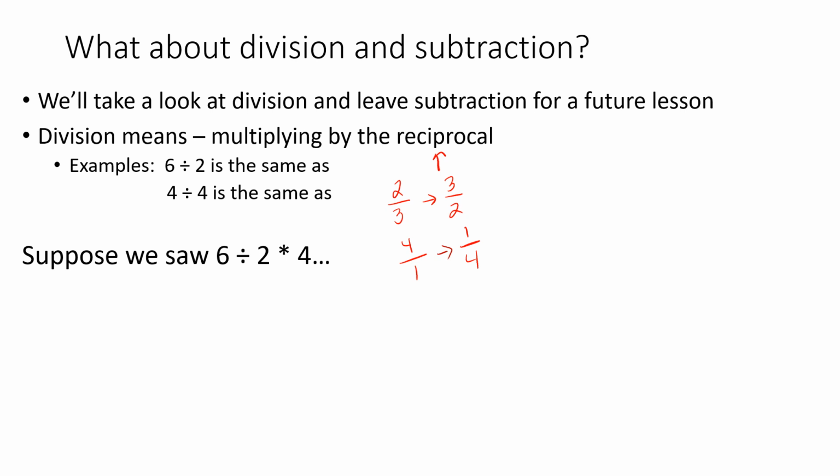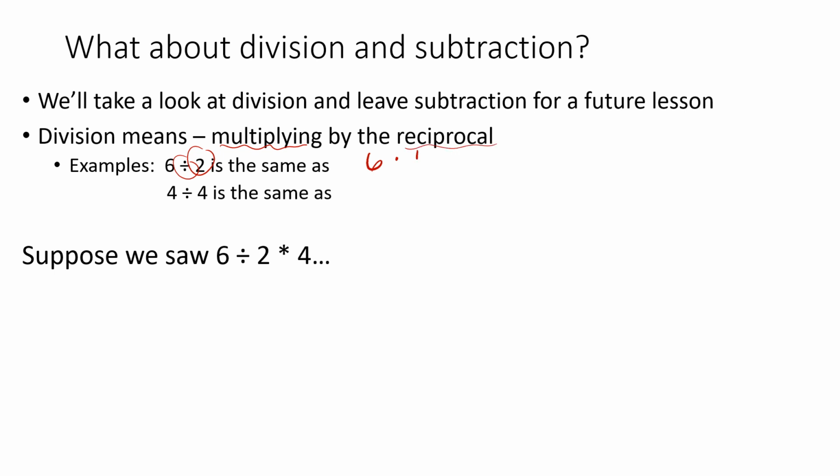Okay, now 6 divided by 2. Now that we know that division is the same thing as multiplying by the reciprocal, 6 divided by 2, we could rewrite it as a multiplication problem. So 6, we'll take that division and replace it with a multiplication symbol, and then we'll take the 2 and replace it with the reciprocal.